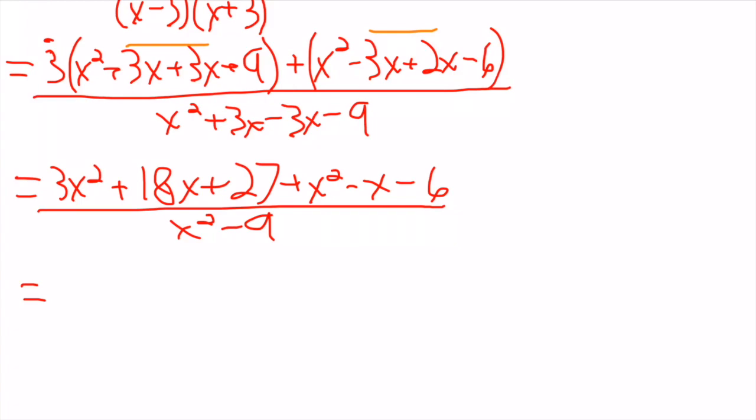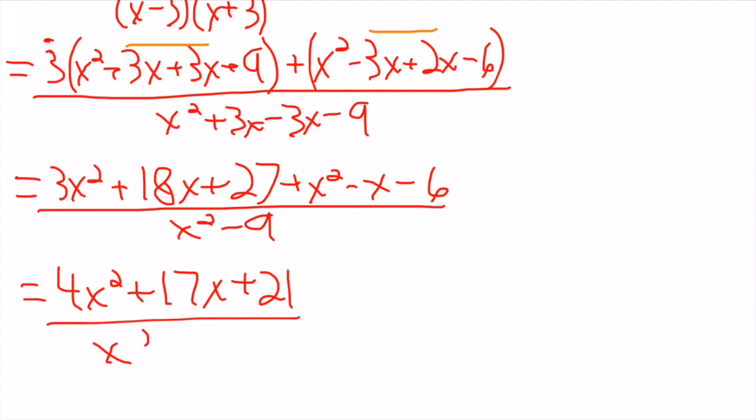Okay, so I'll combine the like terms on top. I'm just left with 4x squared plus 17x plus 21. When I get to here, there's really no other steps I can do to simplify this.